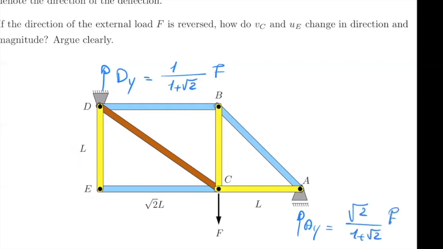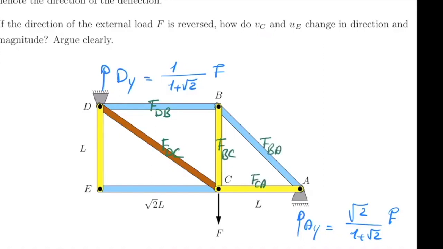Now, when you want to calculate the reactions or the internal forces of each member, you just use method of joints, and I'm not going to repeat the method of joints here. You can just imagine it's FDB, this is FDC, this is FBC, and this is FBA, FCA.